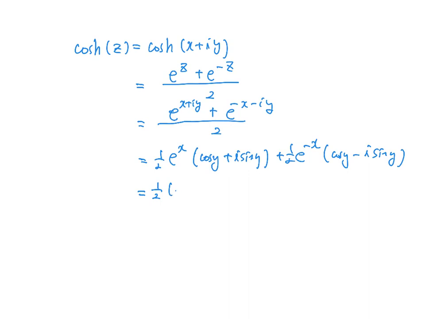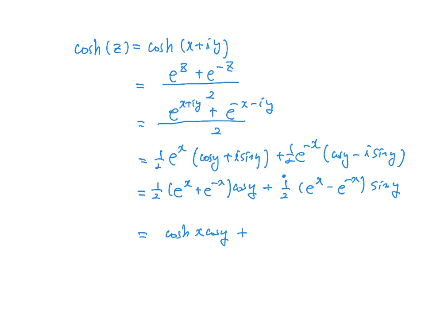So 1/2 exponential x plus exponential minus x, times cosine y, plus 1/2 I exponential x minus exponential minus x, times sine y, is cosine hyperbolic x cosine y plus I sine hyperbolic x sine y.